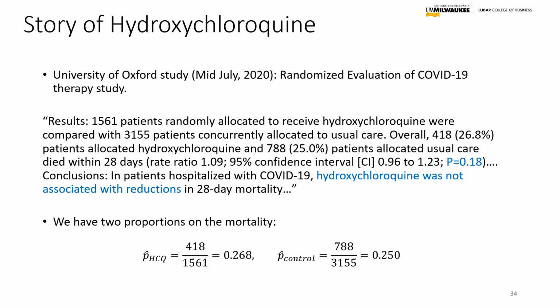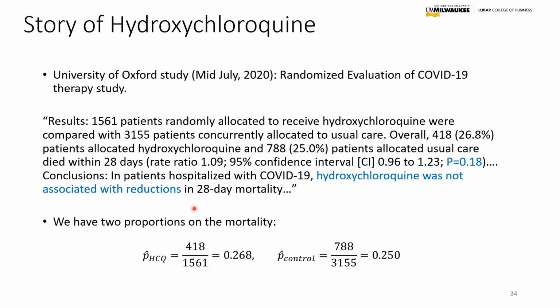Oxford ran a proper study, a randomized experiment. They had two groups that were randomly assigned to, namely there were 1,561, I show here on the bottom, patients that were given hydroxychloroquine, 3,155 that were not.